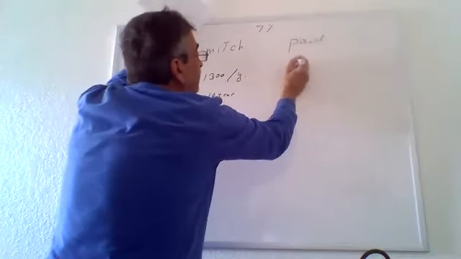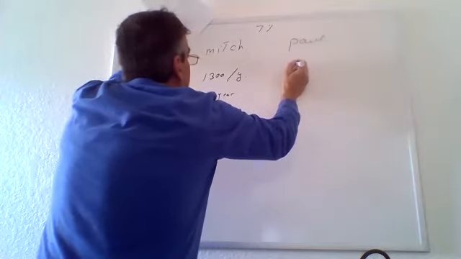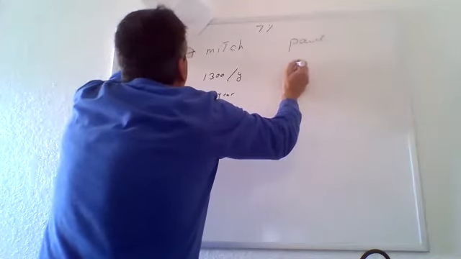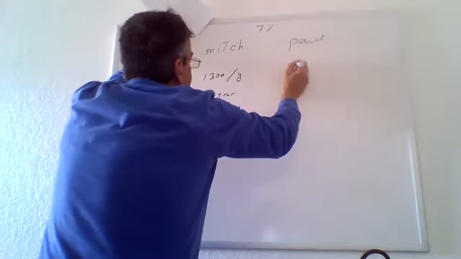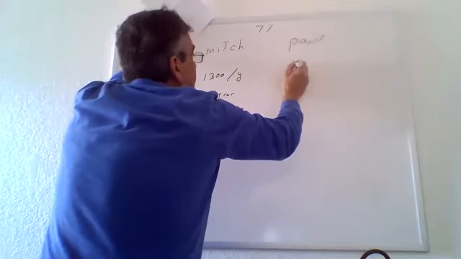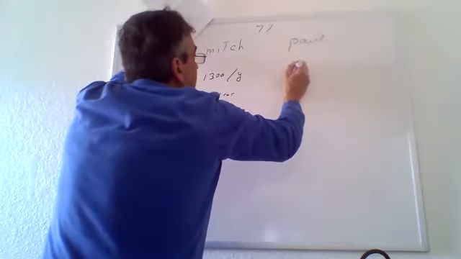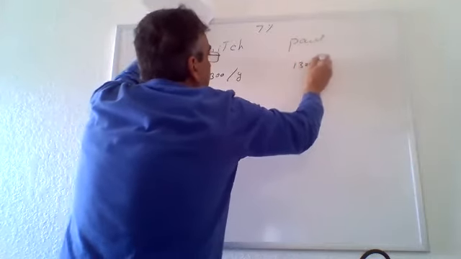Now, what happened with Bill? So we'll call him Paul. For the next 30 years, he made an annual deposit of $1,300 per year for 30 years.